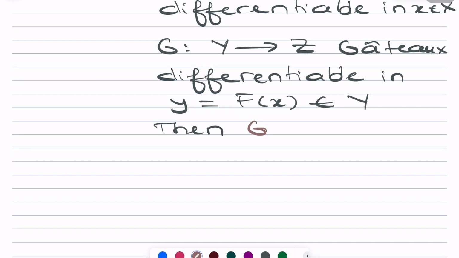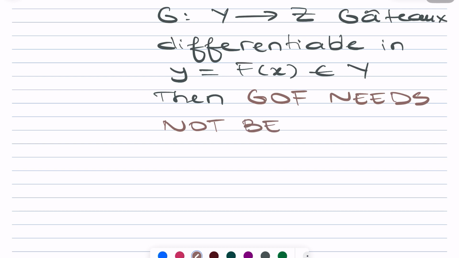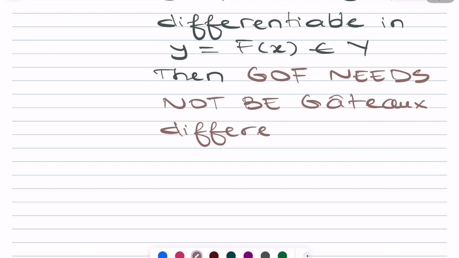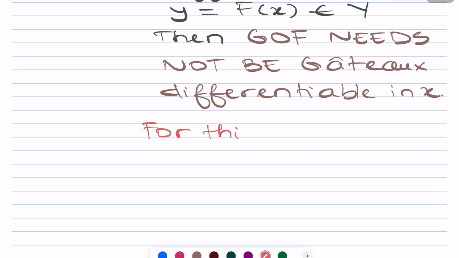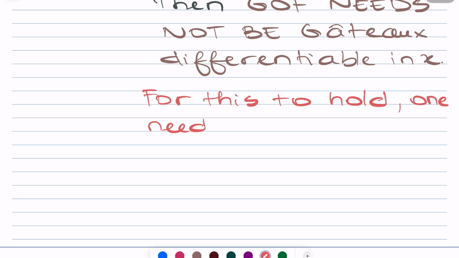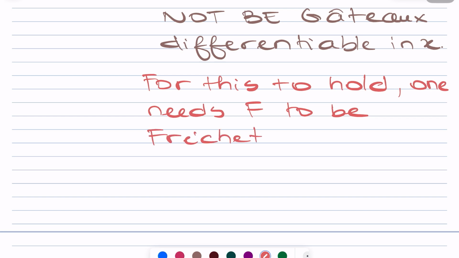the composition does not need to be, it's an S here, need not be Gâteaux differentiable in X. So for this to hold, one needs the function f to be Fréchet differentiable in x, and you can actually prove it.